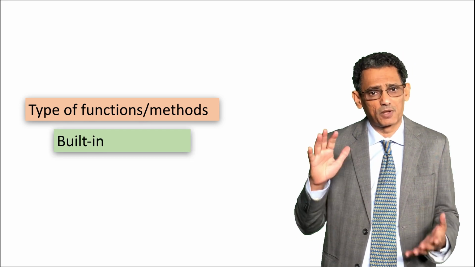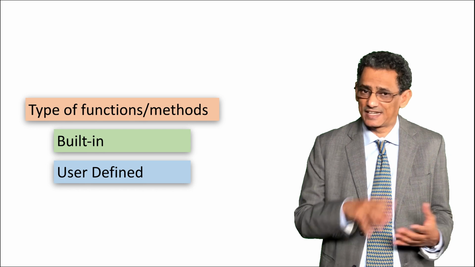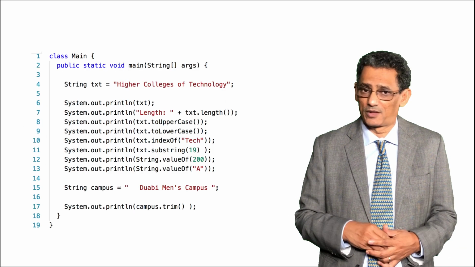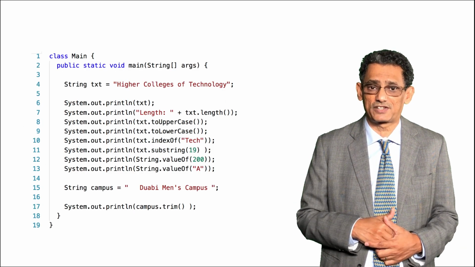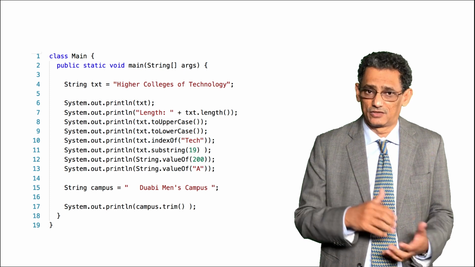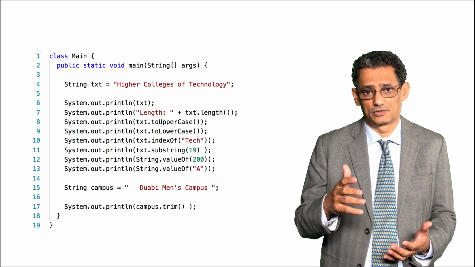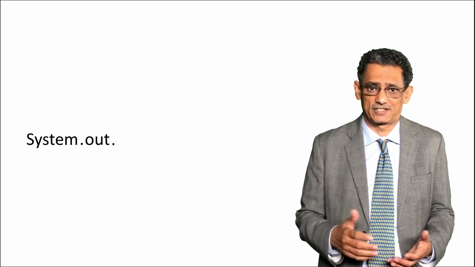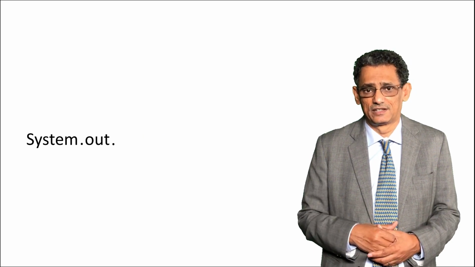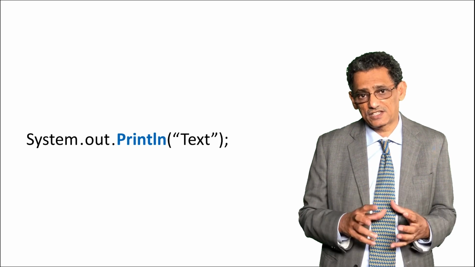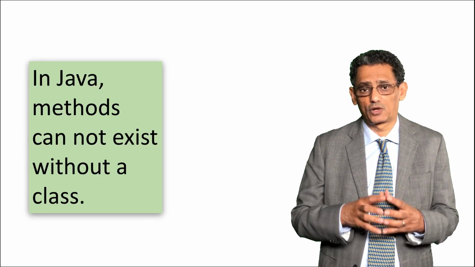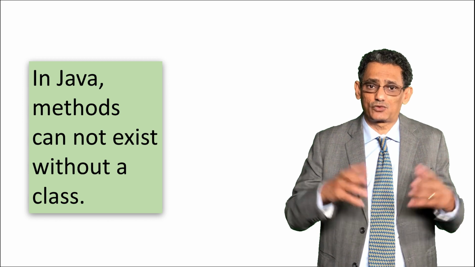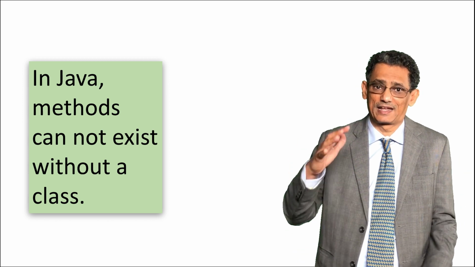You have seen before multiple functions in the string class, also in the math class, there are so many functions. You have seen System.out.println is a function. Println is a function. In Java, those functions are linked to something called a class. They cannot exist on their own without having a class.